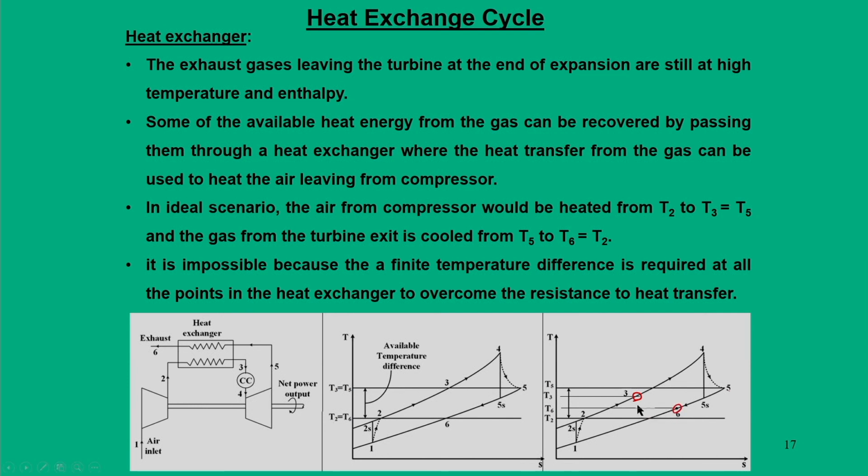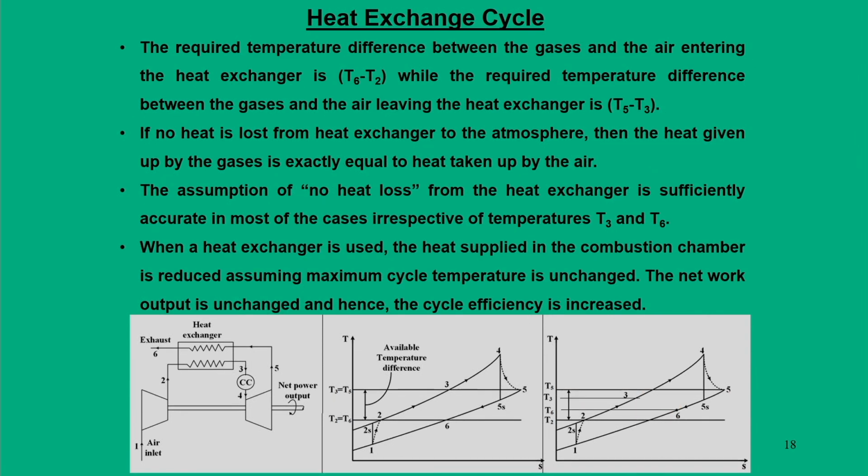So the locations of 3 and 6 lie within the available temperature difference between T2 and T5. That is the reason we say the ideal location of the heat exchanger is with the intention to tap the heat from the exhaust of the turbine.